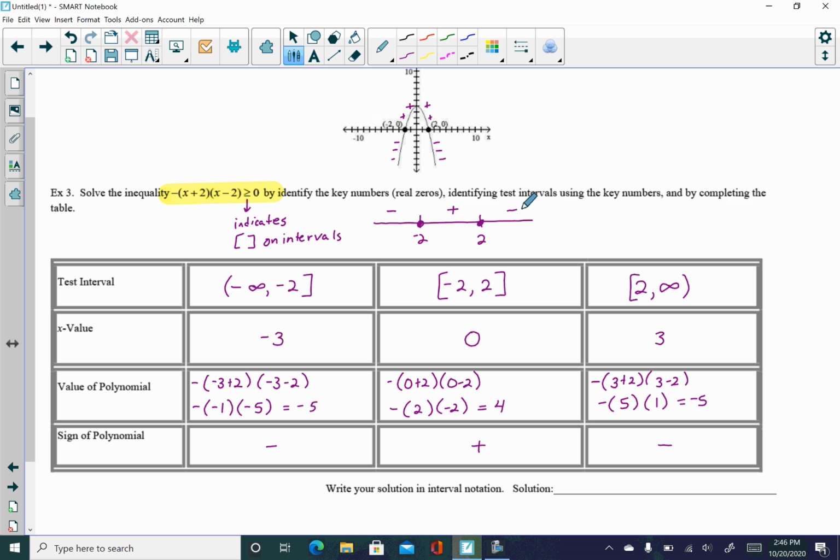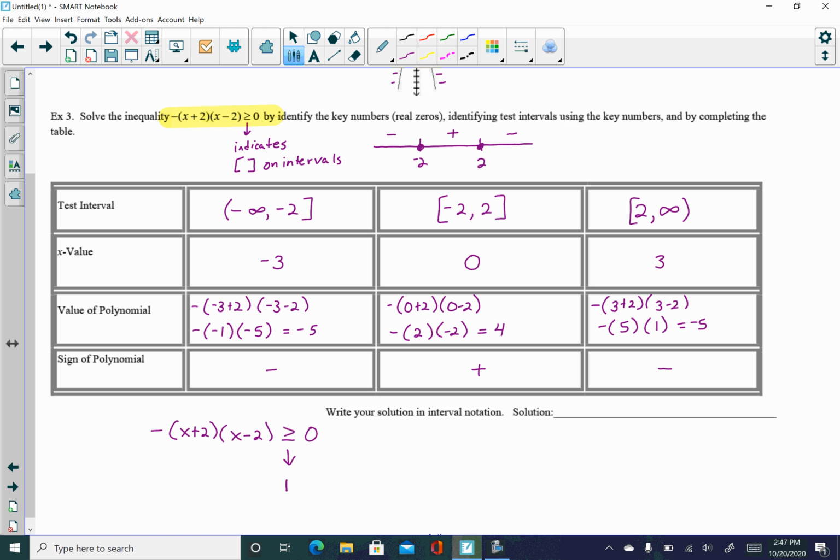Now, for our final answer, I'm going to come down here and write it for us. We wanted where this function times x - 2 was greater than or equal to 0. Since you say greater than or equal to, we are looking for the positive intervals.